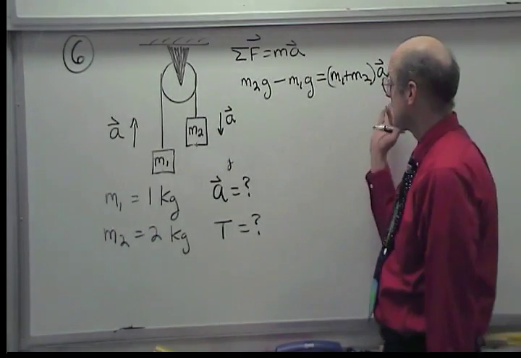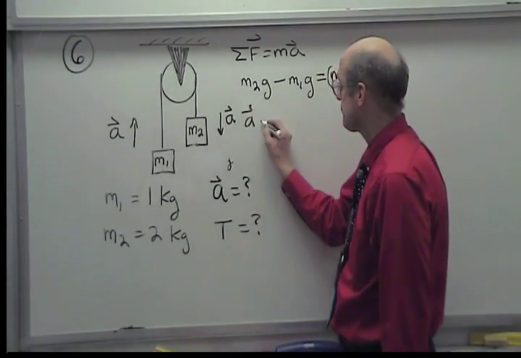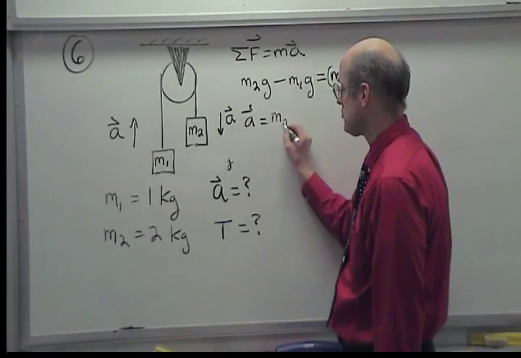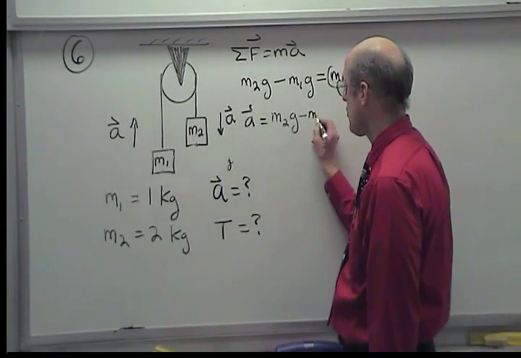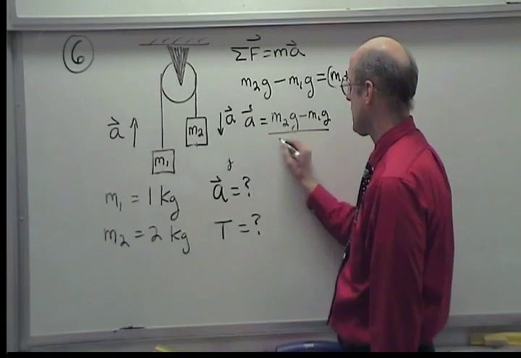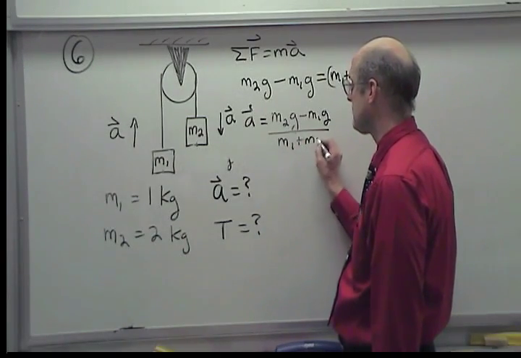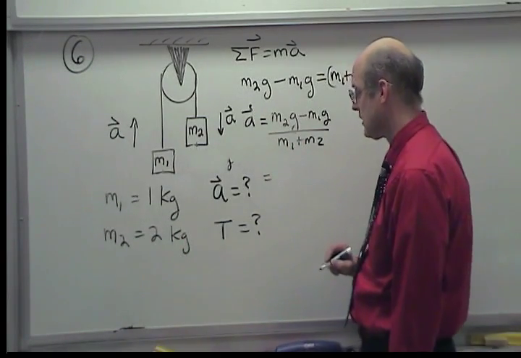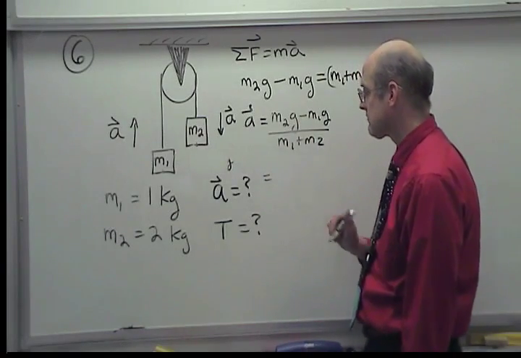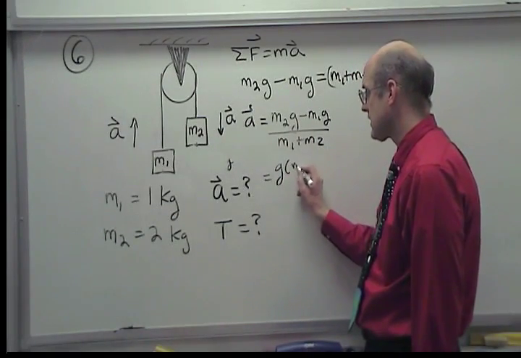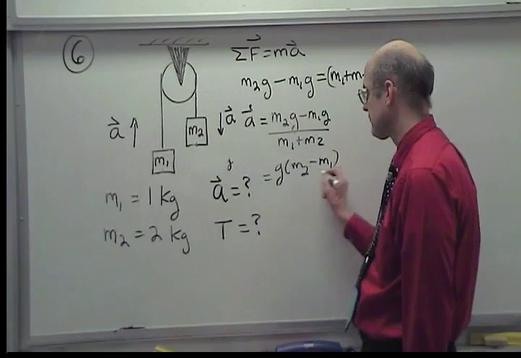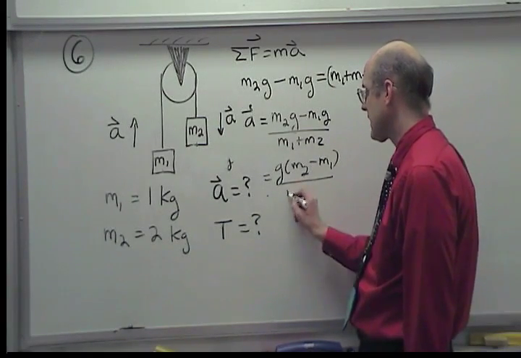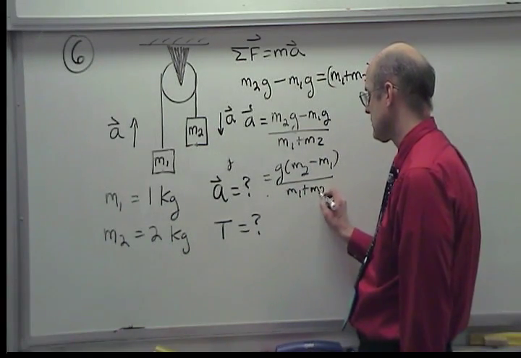Now we'll solve for acceleration, and we get M2g minus M1g divided by the mass of the system, M1 plus M2. So in the numerator here, we have g times the quantity M2 minus M1. In the denominator, M1 plus M2.